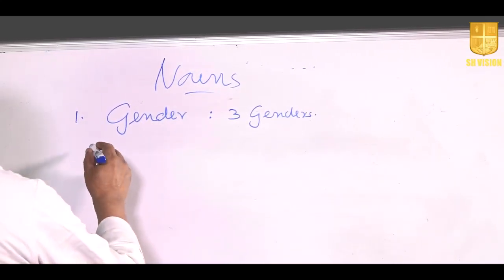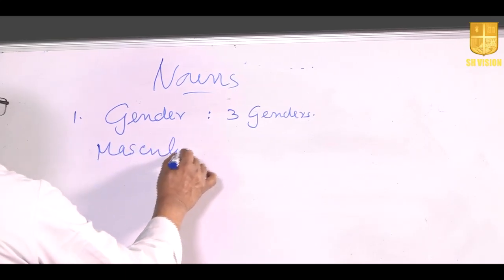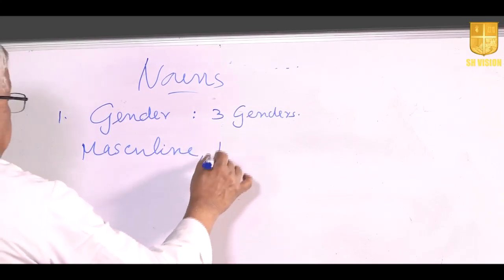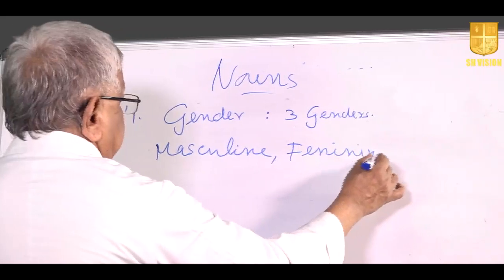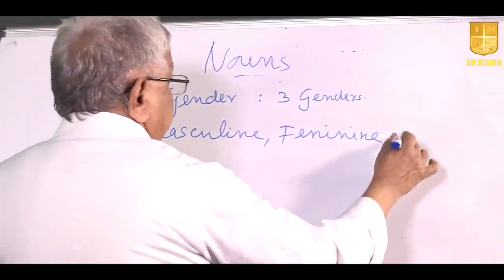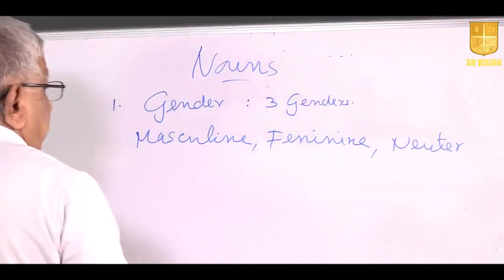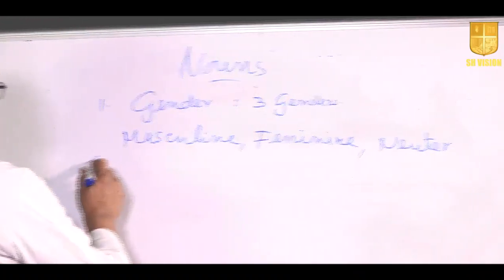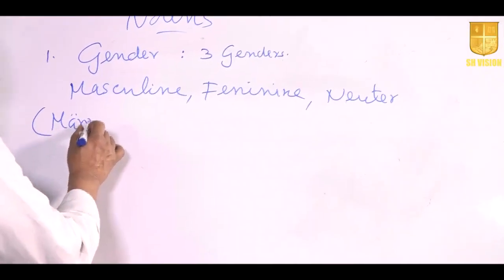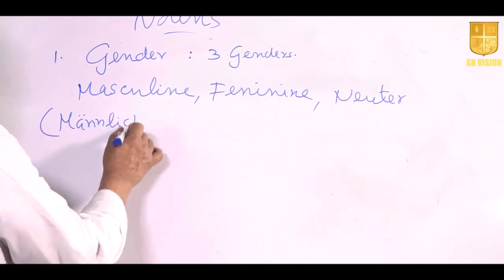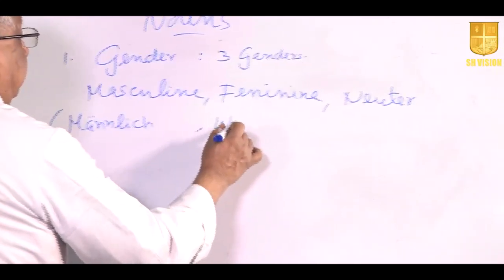Masculine, feminine, and neuter. German words for this: männlich. Mann means man. Männlich. Then weiblich.